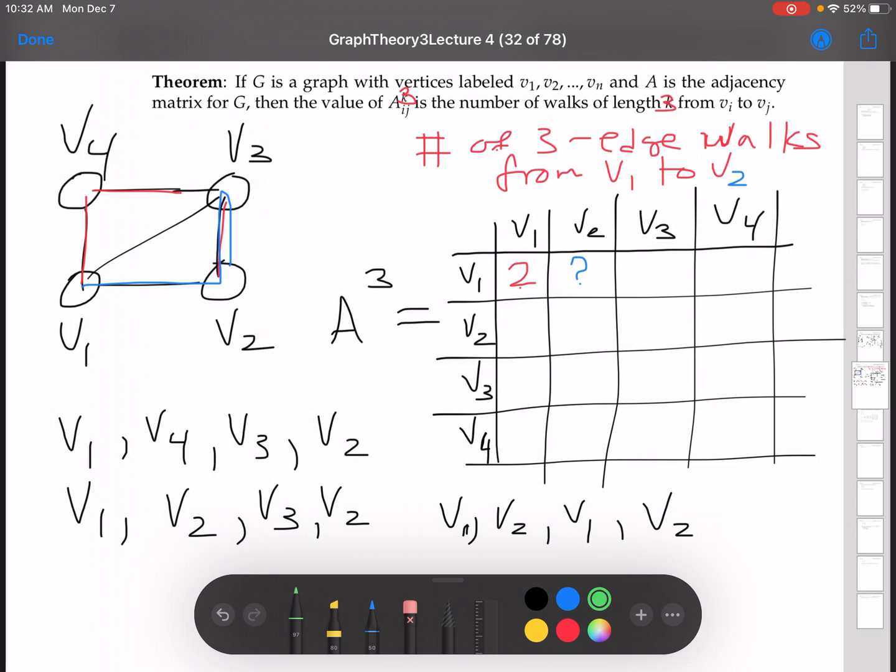So 1, 2, 3. That's a 3-edge walk as well. Is there any other way we could do that? No, I think that's it. So we've counted 3 there. So our answer here is 3. I meant to do that in blue.